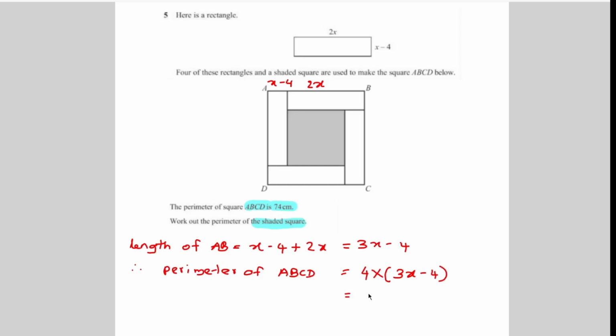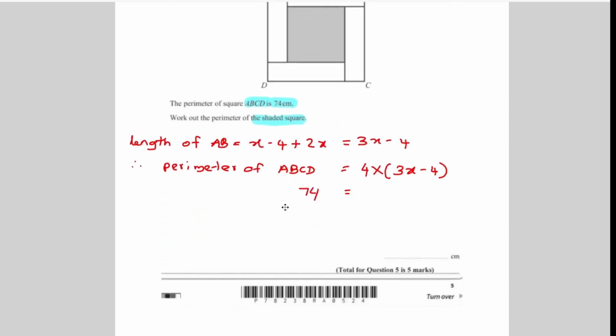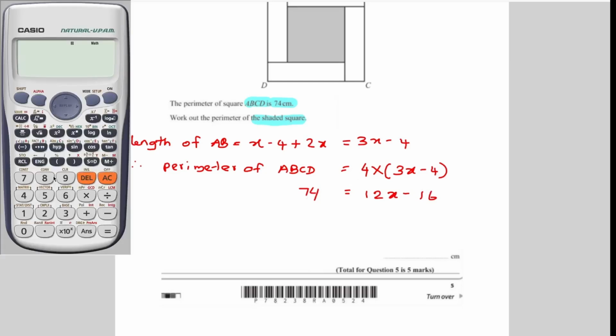Then this perimeter is given as 74. Then 74 is equal to this, 12x minus 16. Then 74, when 74 comes to this side, then 74 plus 16 equals 90.